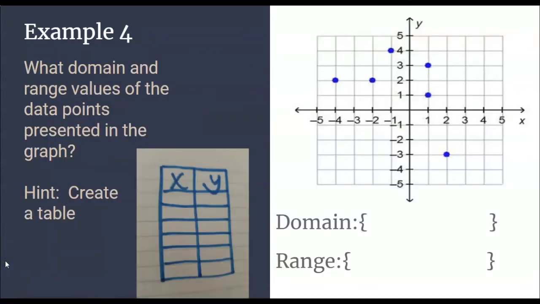Let's look at example 4. You will list the domain and range from the given graph. One hint would be to create a t-table.